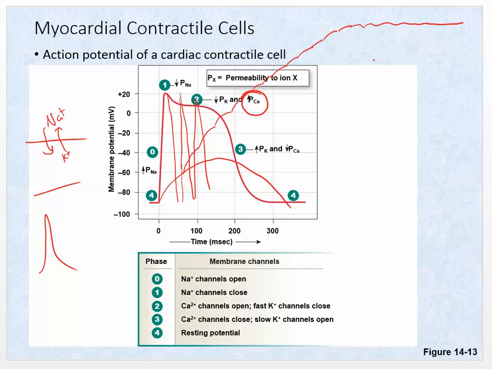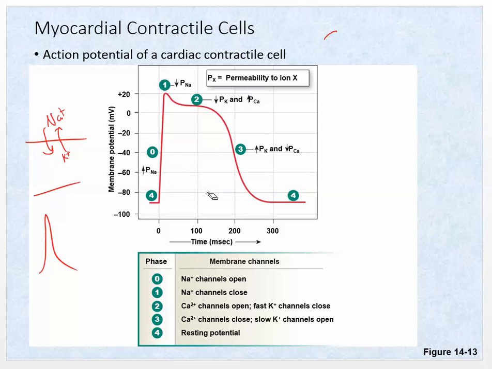You can keep your skeletal muscle contracted for as long as you have enough ATP and calcium to keep it contracted, until you fatigue out. Guess what? You can't do that with a cardiac muscle, which is good, because why would you want your heart to contract and then stay contracted?